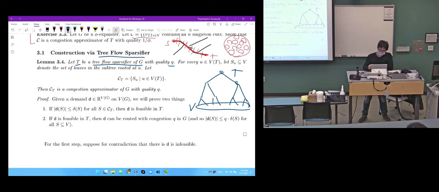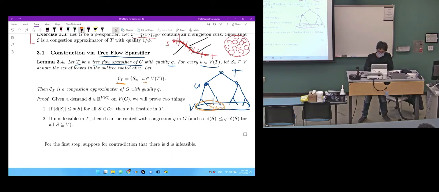And then given any node U here in the tree, you can define a set S_U. Sorry, S_U is just all the leaves below the subtree of U. And then the cut approximator is just defined by this.